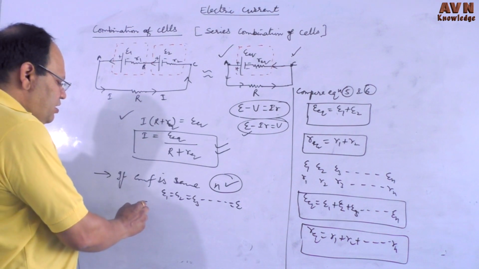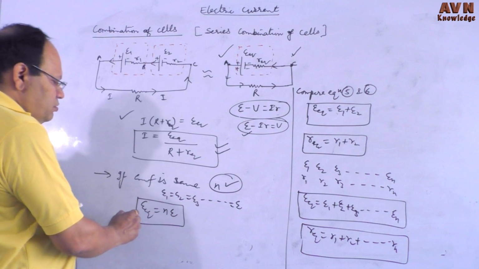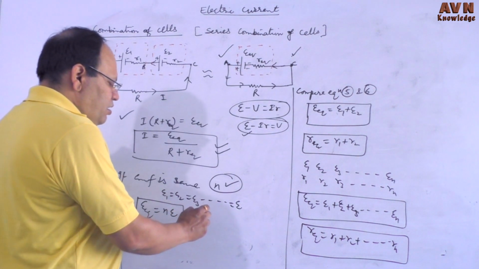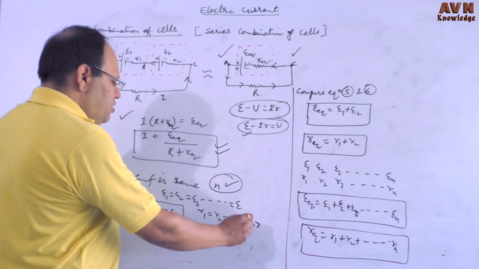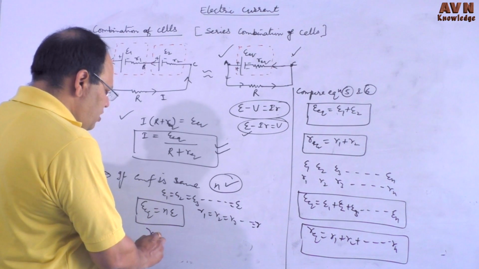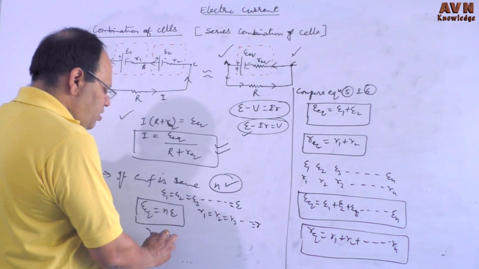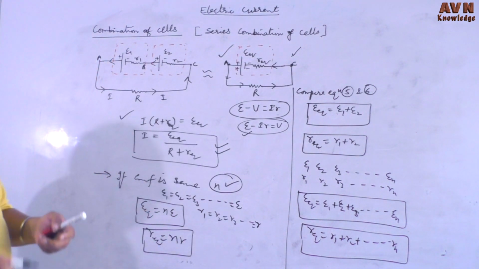The E equivalent will be N into E. If the internal resistances are the same, R1 equals R2 equals R3 equals small r, then what is the R equivalent? R equivalent equals N into small r.